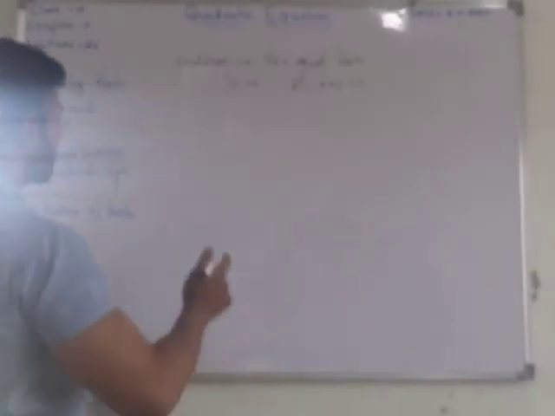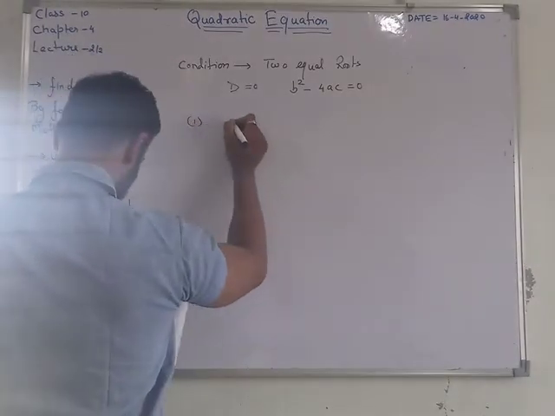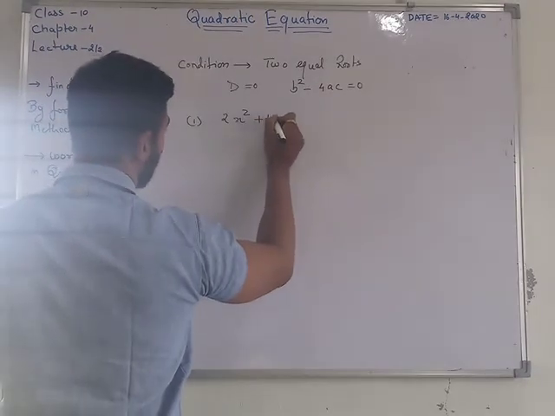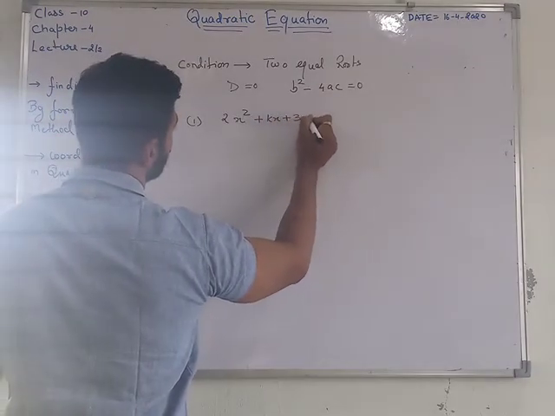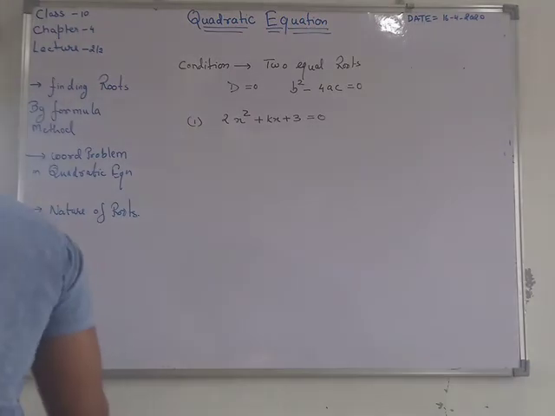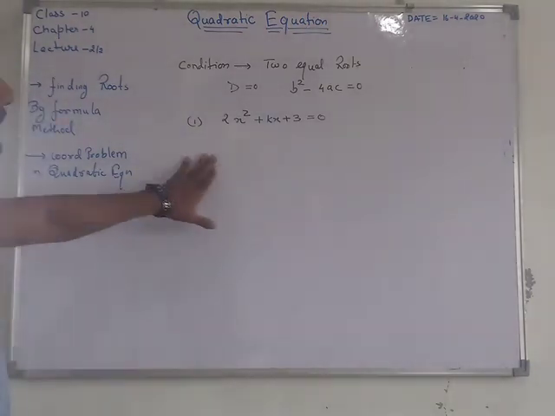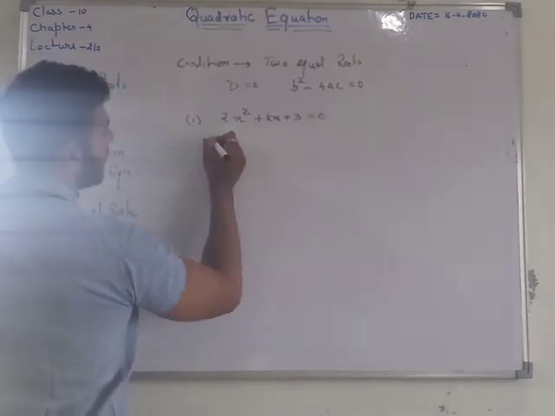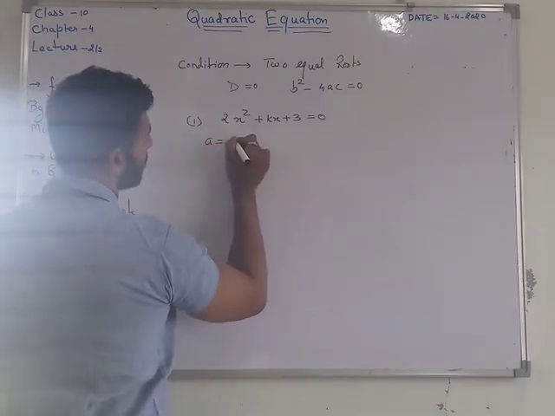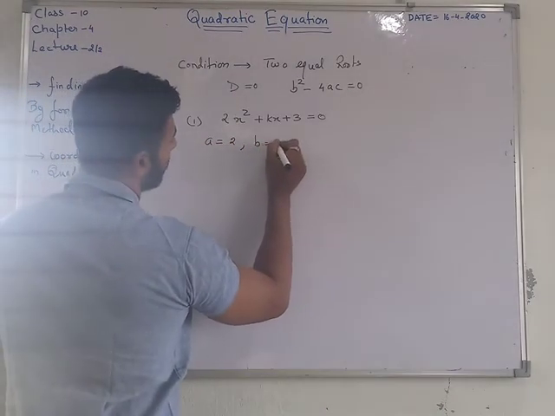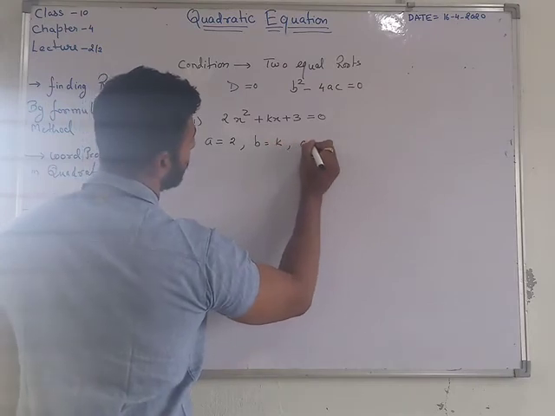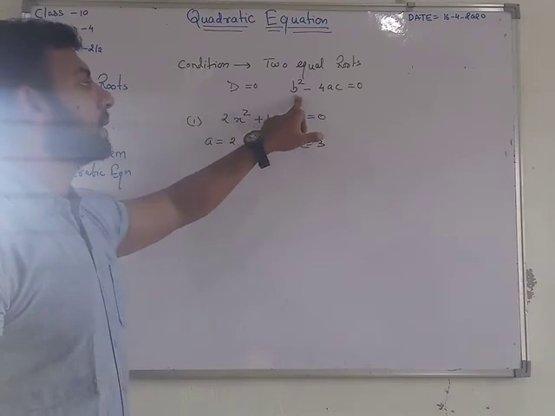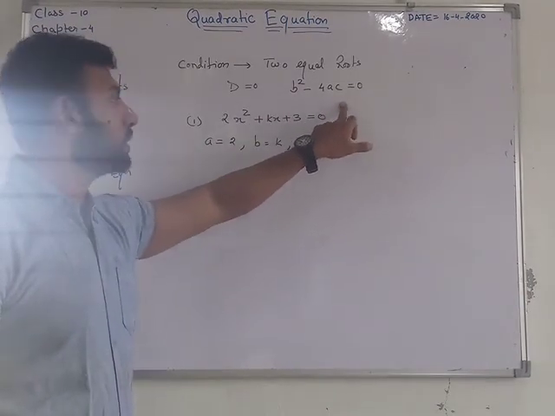The first expression is 2x square plus kx plus 3 is equal to 0. This is the given expression and this is the given condition. Now, first identifying the coefficients: A is equal to 2, B is equal to k and C is equal to 3. The condition is D is equal to 0, meaning b square minus 4ac is equal to 0.